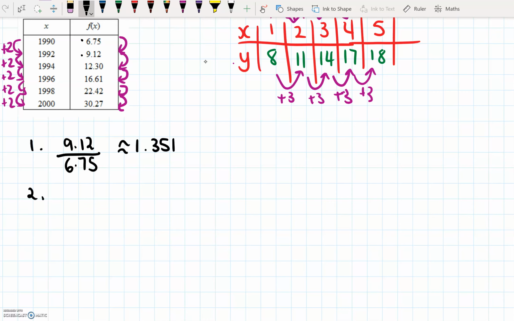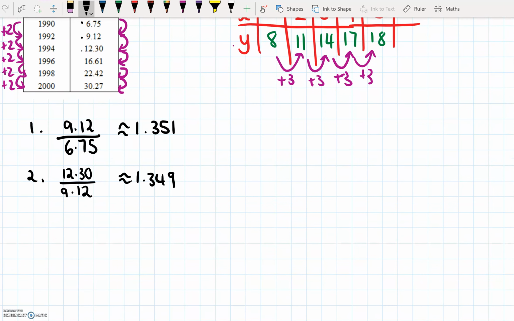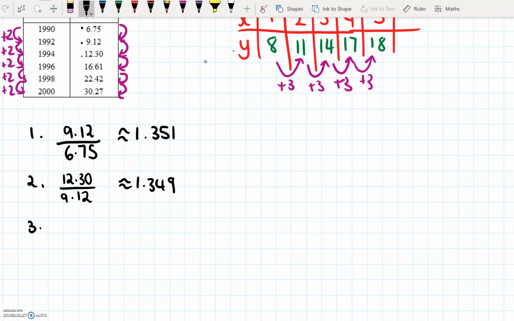So for our second change, we're looking at 12.3 divided by 9.12, which gives us approximately 1.349. Our next one is 16.61 divided by 12.3, which gives us 1.350.